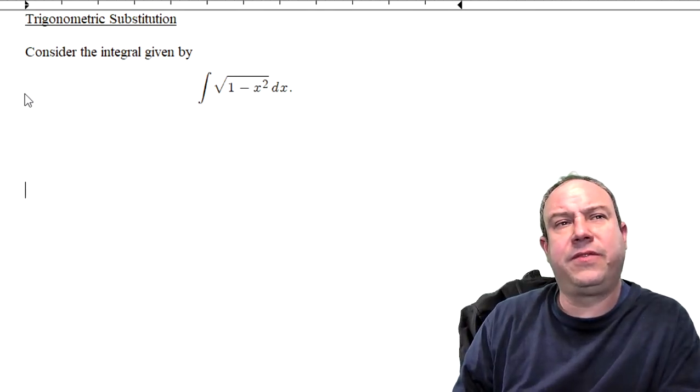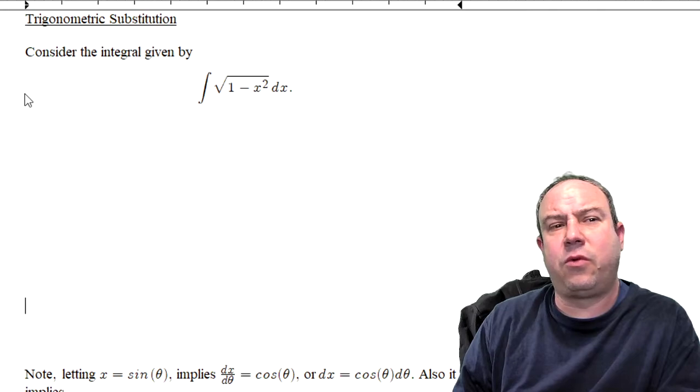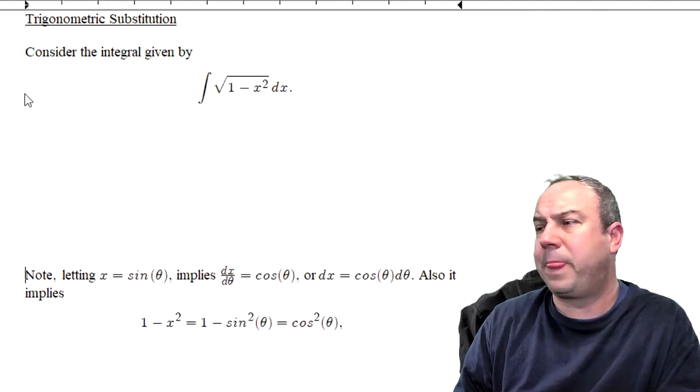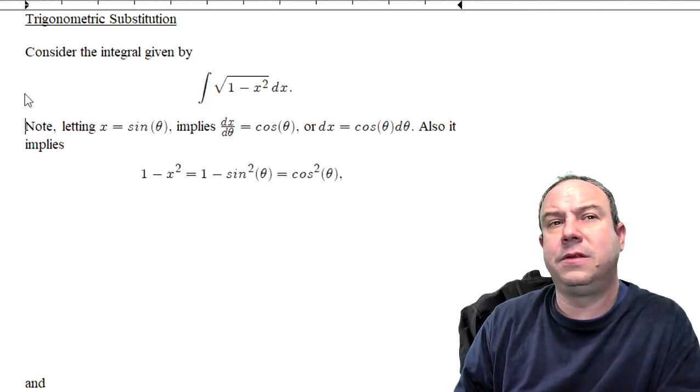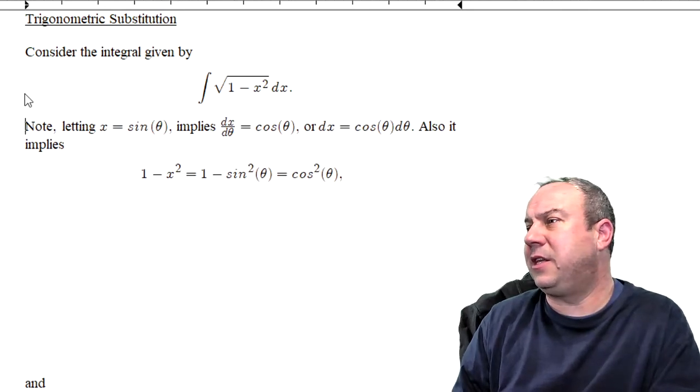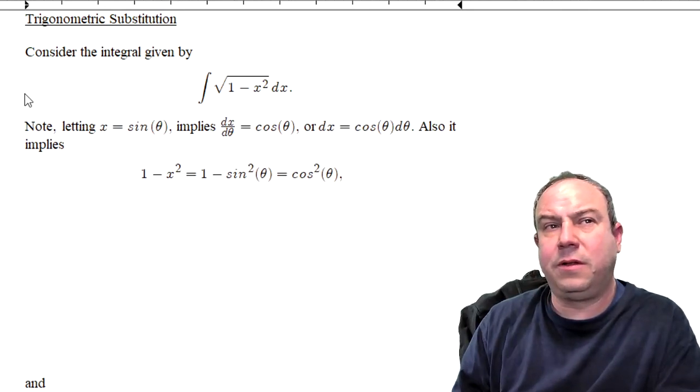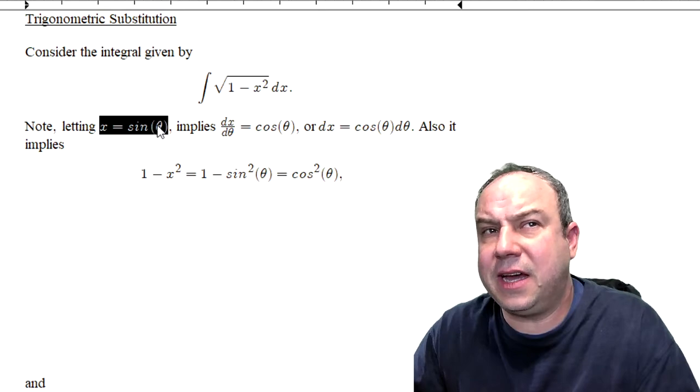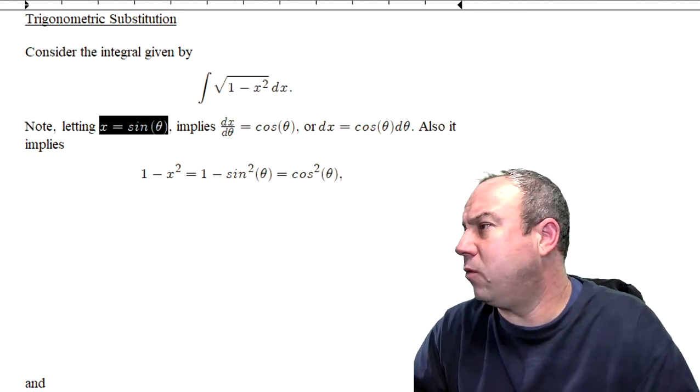Now, if done correctly, what we would consider doing here is letting x equal the sine of theta. That works conveniently.